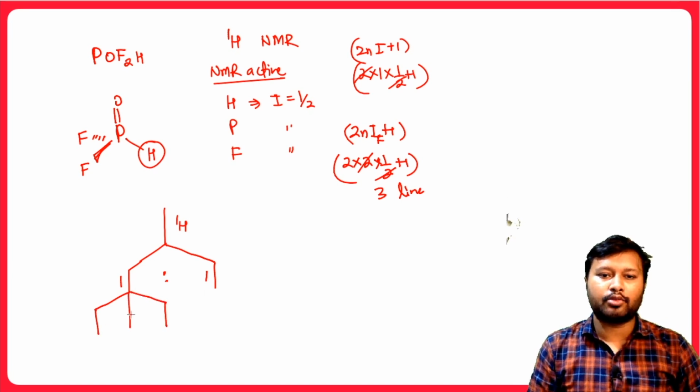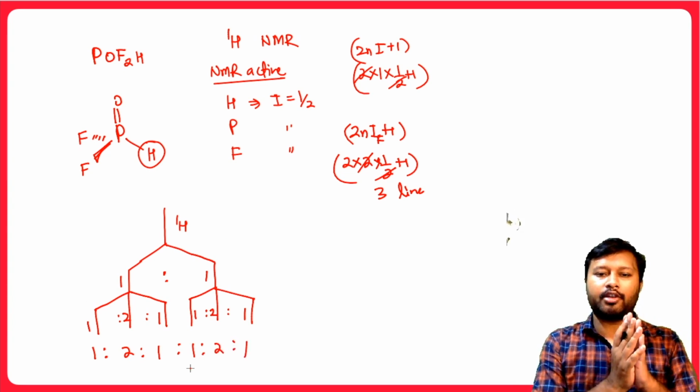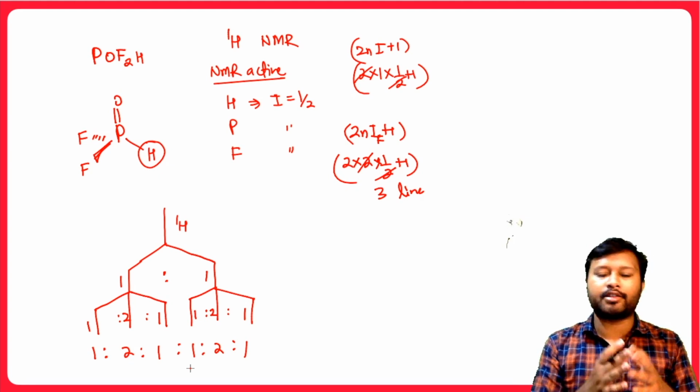All right, so this is how we are going to see the splitting. And now the intensity ratio will be 1:2:1, right? So overall intensity, you just have to multiply over here. So overall intensity will be 1:2:1, 1:2:1. So this is a general case where the J values are there and the splitting is taking place.